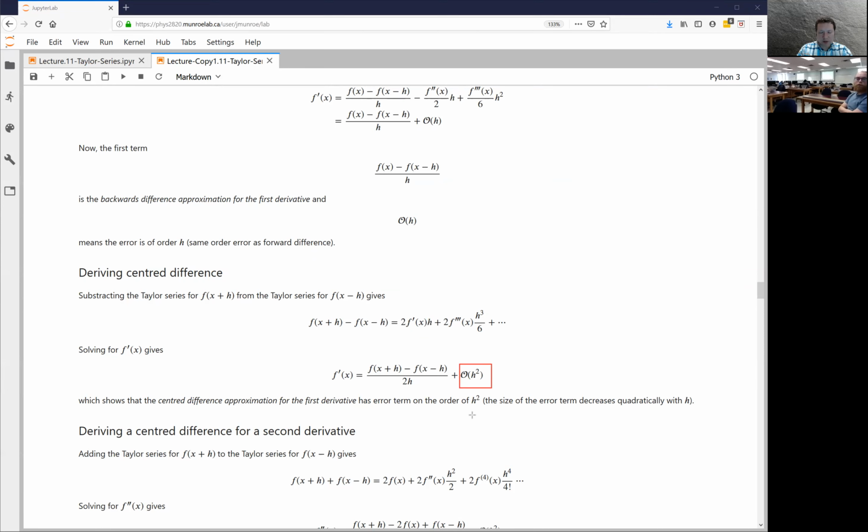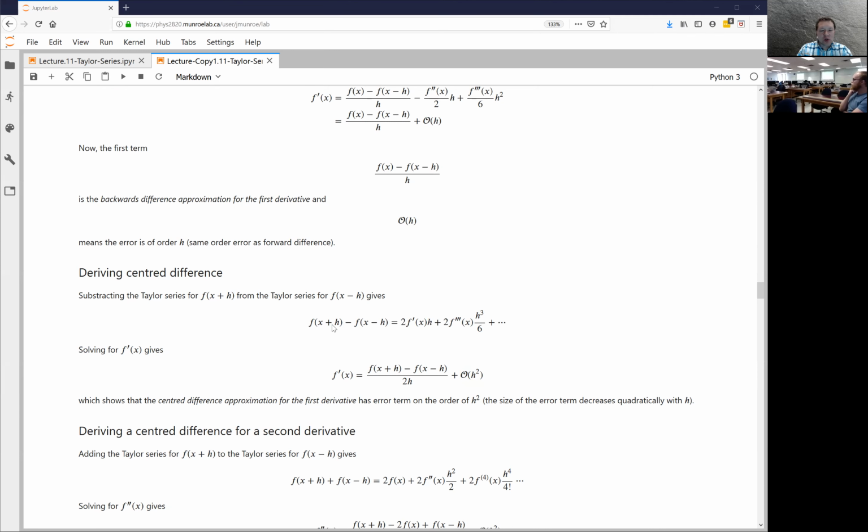What that means is if you were to make a plot of the error in this approximation as a function of h, you will see the slope on a log-log plot being 2 all the way through. So this is a way of deriving different formulas for derivatives and estimating their error. And that's the power of this tool.